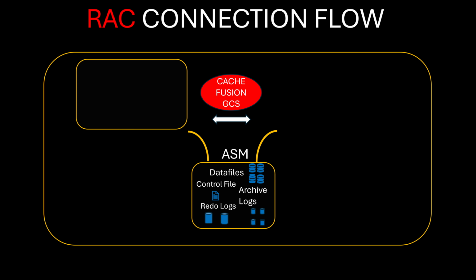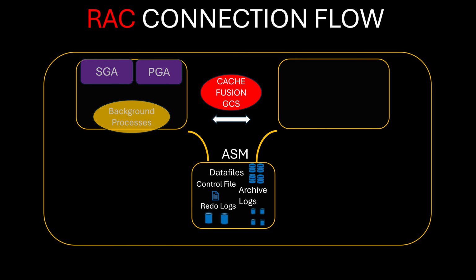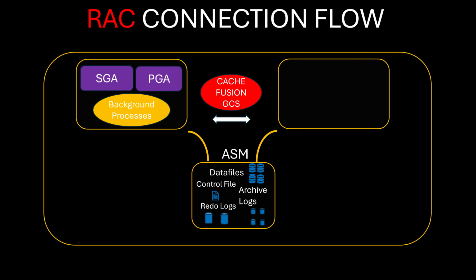Now consider another scenario. User 1 modified data but has not committed. The before image of those changes exists in the undo tablespace of node 1. Meanwhile, user 2 wants to read the same data. User 2 must not see uncommitted changes. Oracle therefore uses undo information to create a consistent read copy, commonly called a CR block.